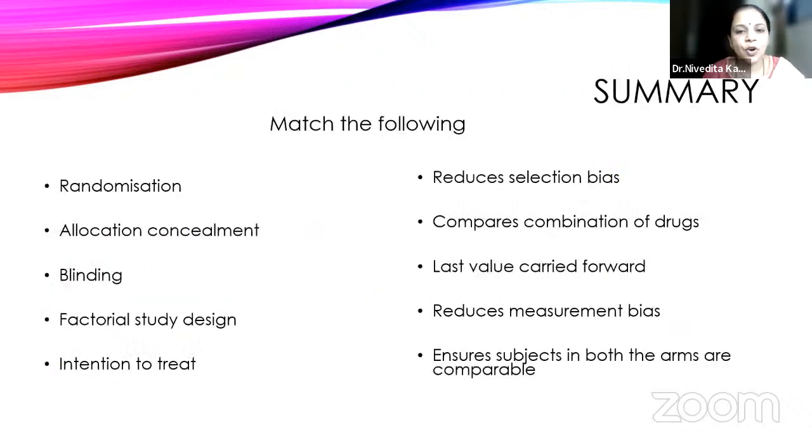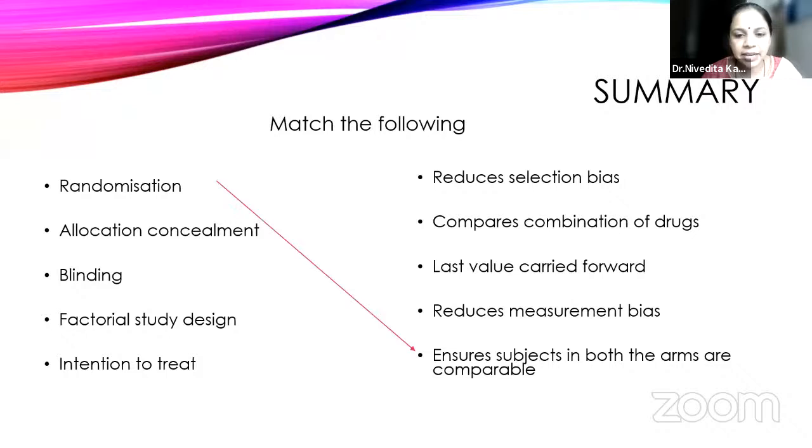So this again is for all the residents to quickly match the following and summarize this introductory session. So Purunjay, do you want to start? Randomization? Yes. Randomization reduces measurement bias. No, sorry, among the options given on the right side. Oh, reduces selection bias. Okay, that's correct.